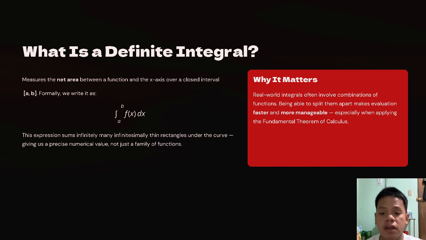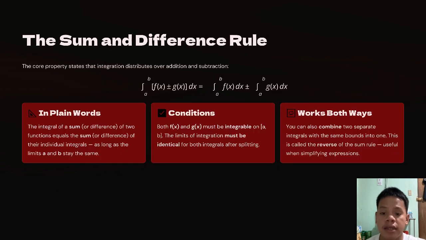Think of this not as a static shape, but the sum of infinitely many infinitesimally thin vertical strips. This brings us to our chosen topic, the sum of different rules.